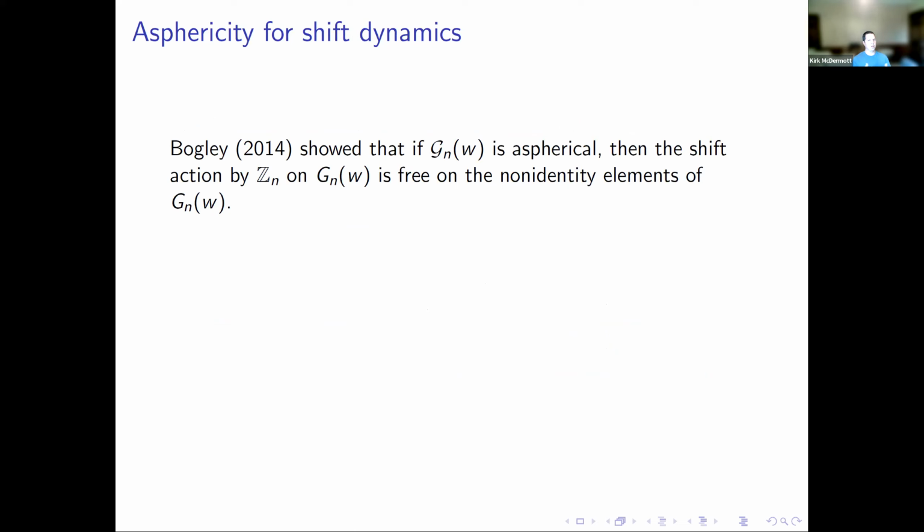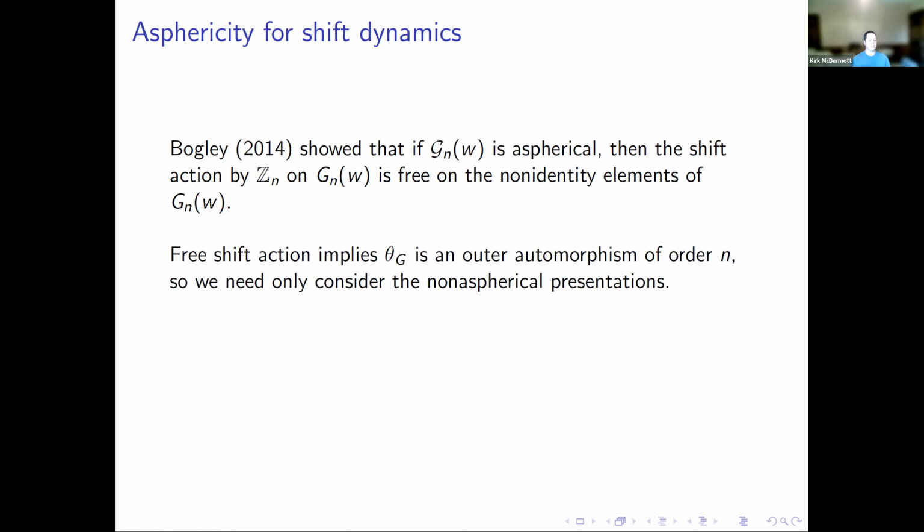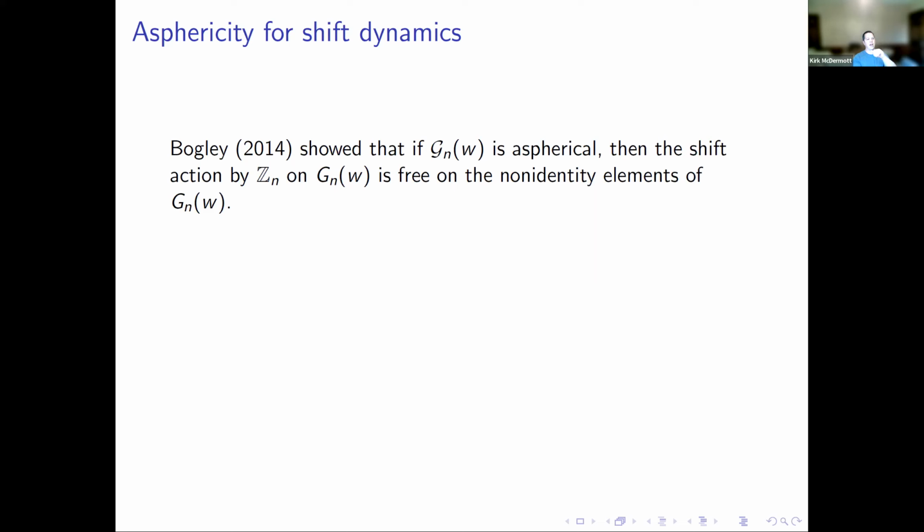So my main tool is asphericity. That's the hypothesis I work with the most. And my PhD advisor, Bill Bogley, showed in 2014 that if the cyclic presentation is aspherical, then the shift action on the group is free on non-identity elements. When you're working with these classes, there have been many classifications for asphericity.